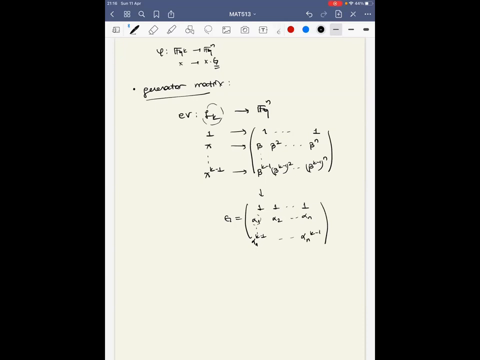We can represent the generator matrix of Reed-Solomon codes in this way. So that means we can view the encoding of a message of length k as multiplication by this generator matrix G, and we will get the same definition of the Reed-Solomon code.